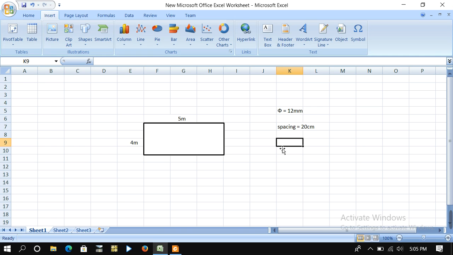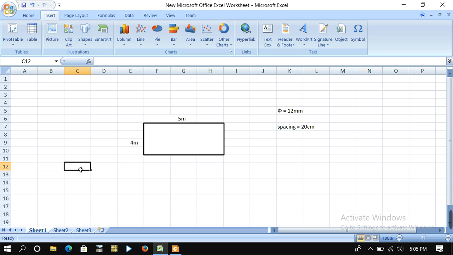I can start by calculating the main bar, the number of bars in the shorter direction.